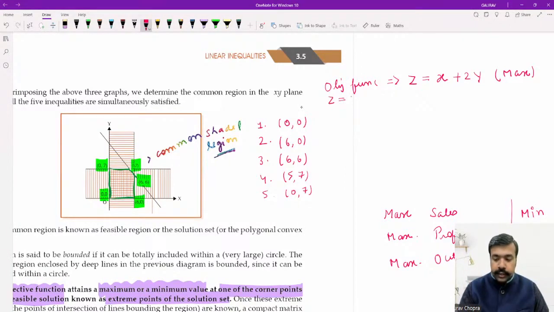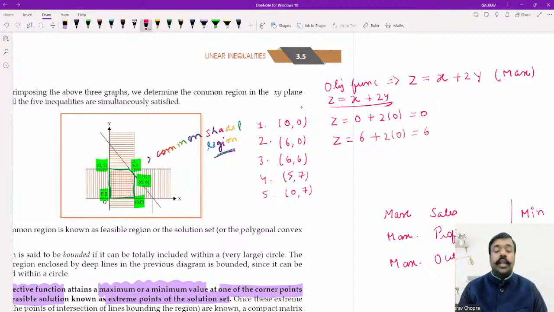So if Z is x plus 2y, let's see what happens. 0 plus 2 into 0 will be 0. Then if we put 6 and 0, 6 plus 2 into 0 will be 6. If we put 6, 6, then 6 plus 12 becomes 18.